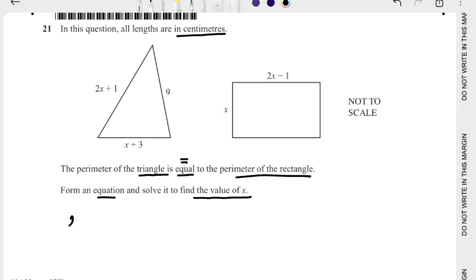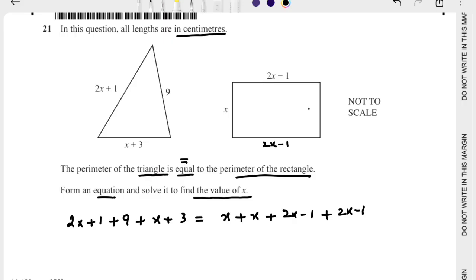So it would be 2x plus 1 plus 9 plus x plus 3, which is equal to the perimeter of the rectangle: x plus 2x minus 1 plus 2x minus 1, as the opposite sides of a rectangle are always the same.